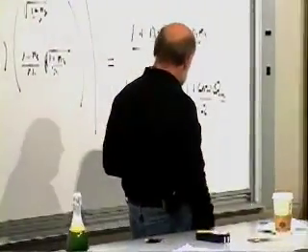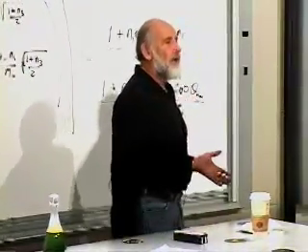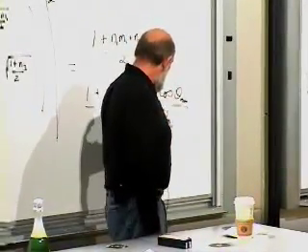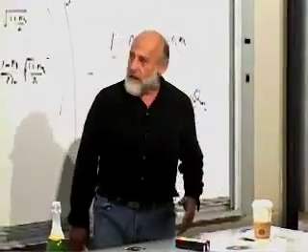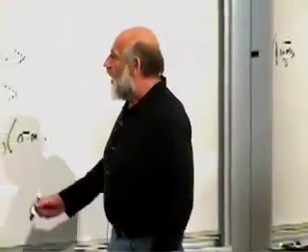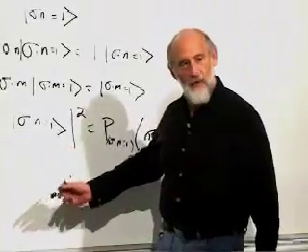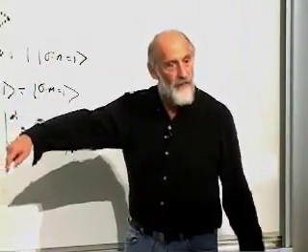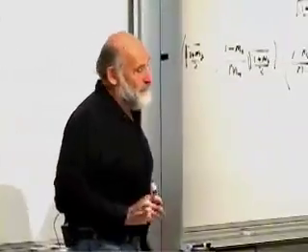In other words, then theta is 180 degrees. Cosine of 180 degrees is minus 1. 1 plus minus 1 is 0. That says that if you prepare the electron along the n-axis and then ask whether its spin is along the minus n-axis, you'll get 0 probability. In other words, if it's pointing that way, it's definitely not pointing that way.